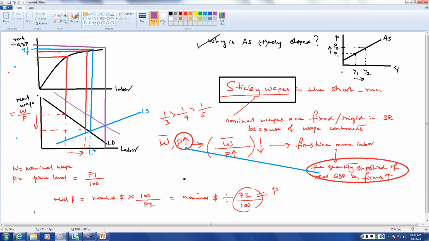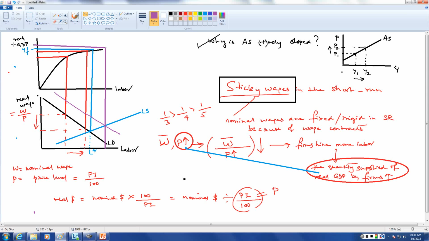And hence, firms' demand for them will go up because a more productive worker is a more attractive proposition for a firm, right? When a firm is hiring a worker, what's the calculation the firm's making? Well, I need to pay this guy so much, but he makes for me so much. But if he makes for me more now because he's more productive, well, that would make hiring him a more attractive proposition for me, the firm, right?